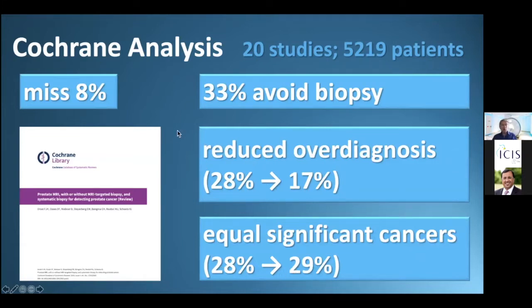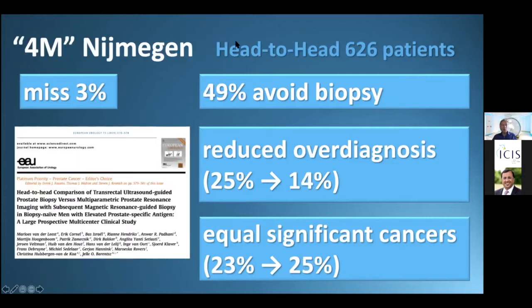Now, if you look at the 4M study, which is a head-to-head comparison in an expert center that studied more than 600 patients, you can see that in this institution, 50% of patients had a negative MRI and could avoid biopsy.